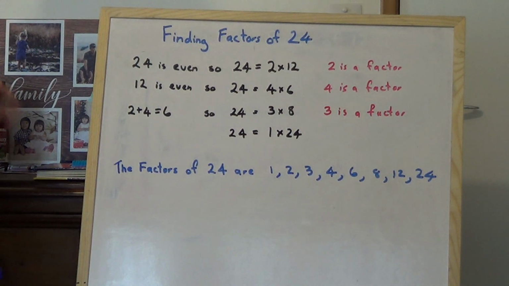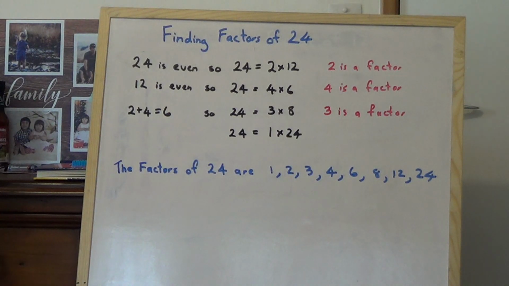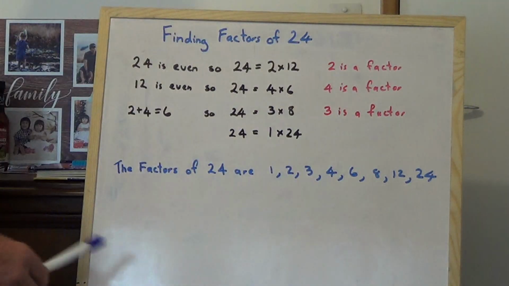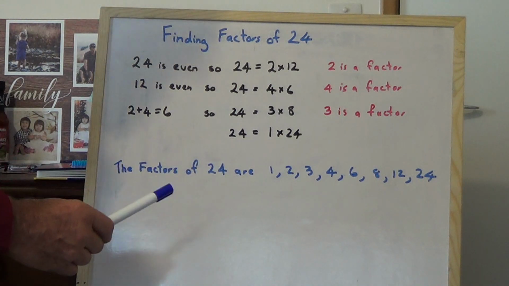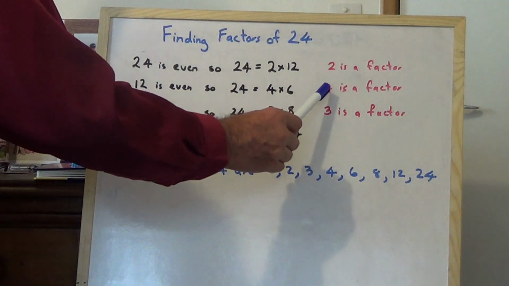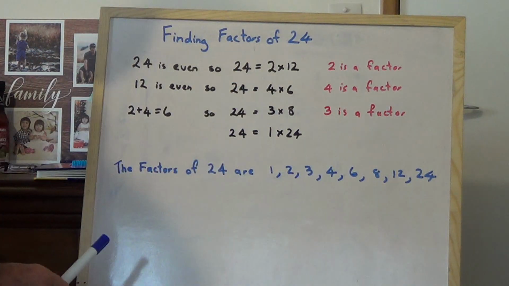Right, finding the factors of 24. 24 is even, so 24 is equal to 2 times 12, because 2 is a factor. 12 is even, so there's another factor of 2. Well, that means 4 must also be a factor, so 12 is equal to 4 times 6.